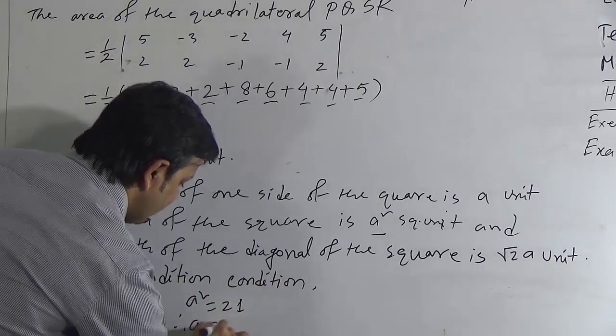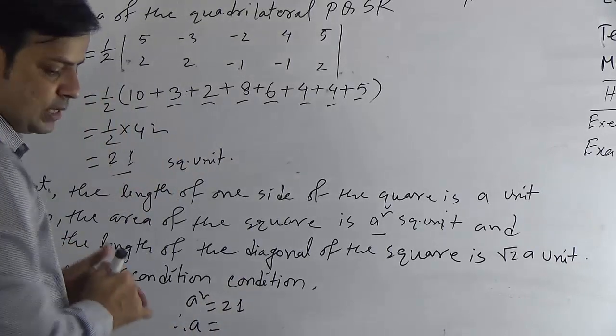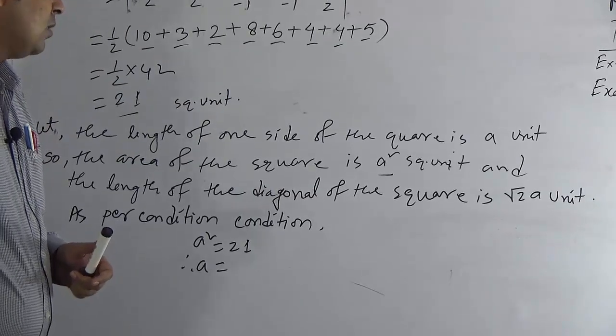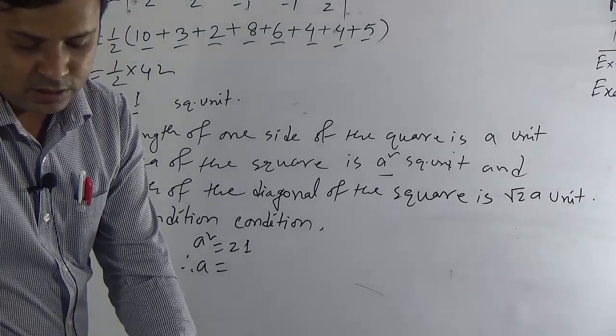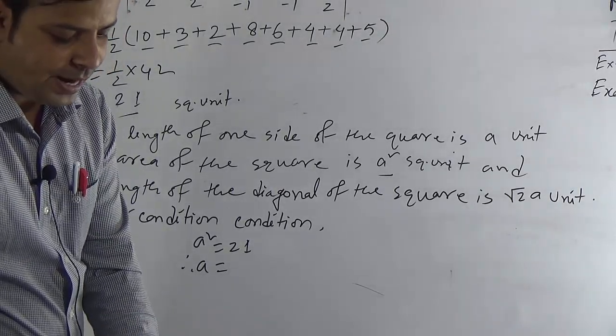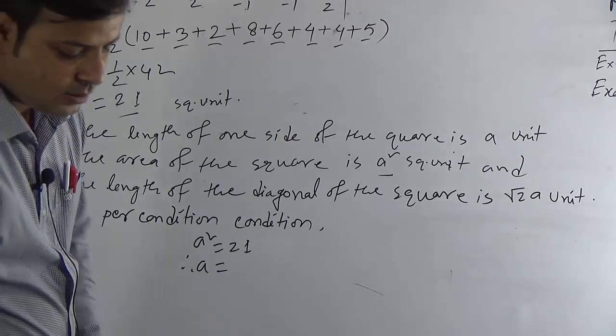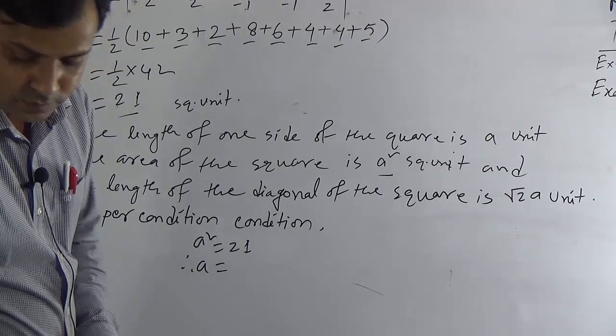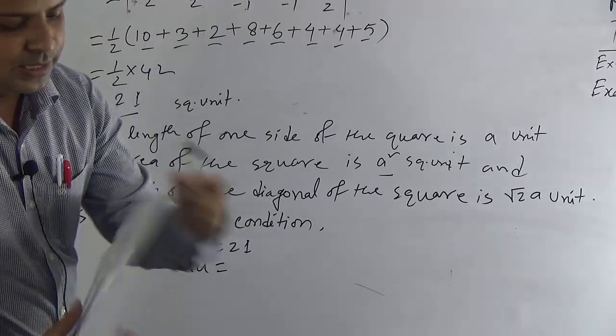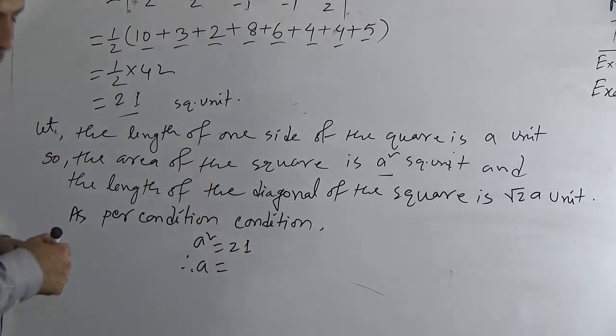Therefore, if we take the square root of 21, we'll get here 4.58. That is the square root of 21, that is 4.58.